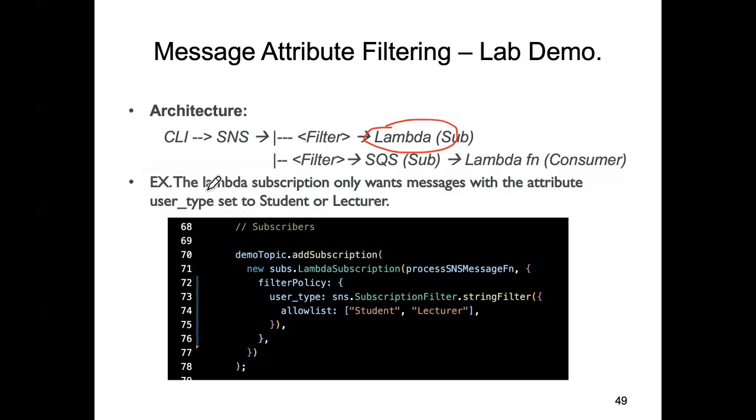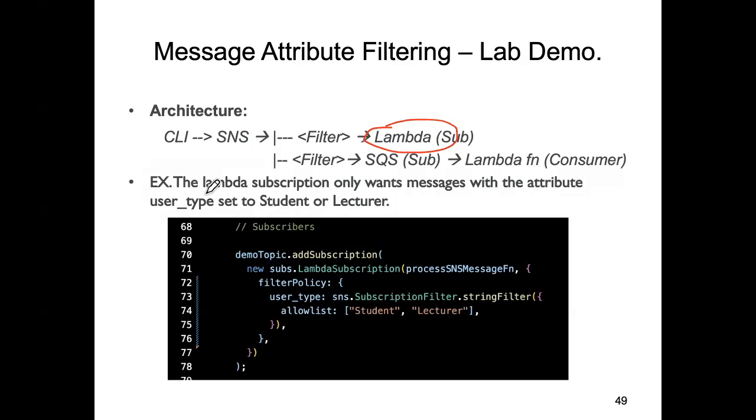What we're saying here is that the attributes JSON structure has to contain, as one of its keys, the key user type. And the value for that key can be either student or lecturer. If it's one of those two, then I want messages like that to go through to my Lambda subscriber.